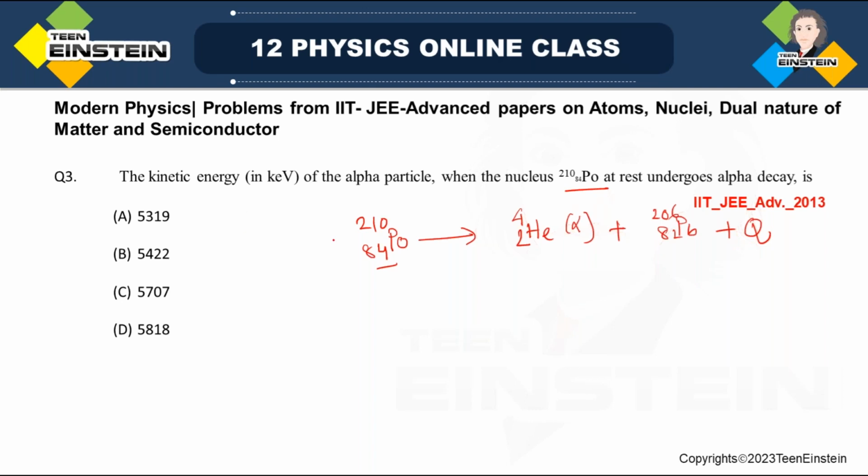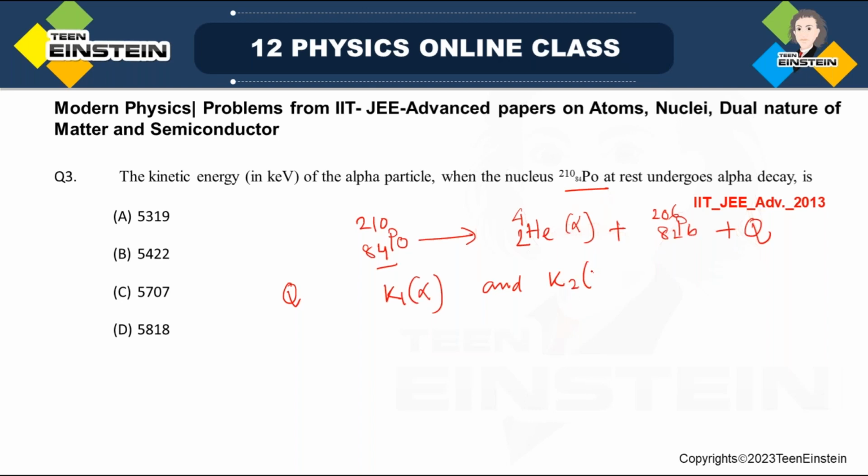Okay, that is Q. So this Q value, in reality, comes out as the kinetic energy of the alpha particle and the kinetic energy of the daughter nuclei.